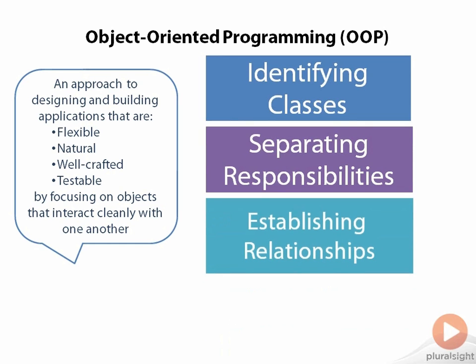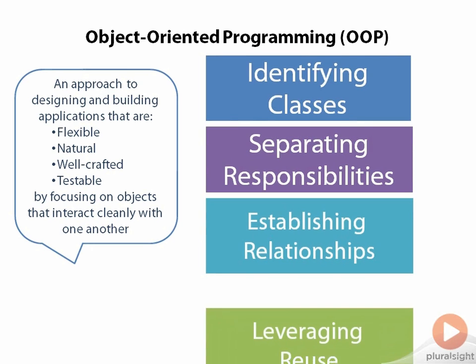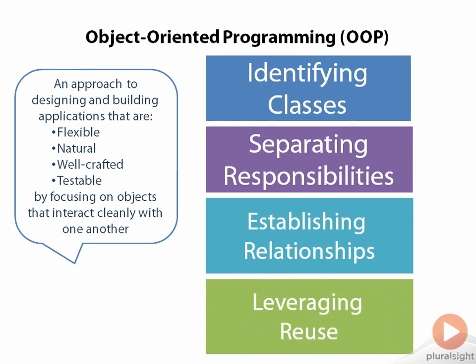No class is an island. Object-oriented programming involves understanding the relationships between the classes. The relationships between the classes define how the objects created from those classes can work together to perform the operations of the application. And one of the key goals of object-oriented programming is reuse.